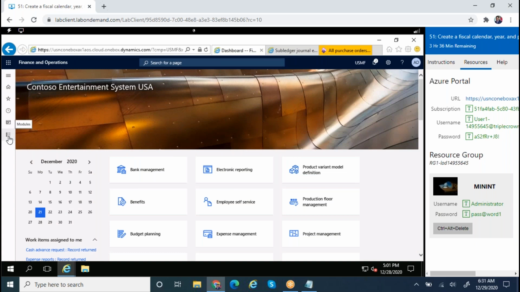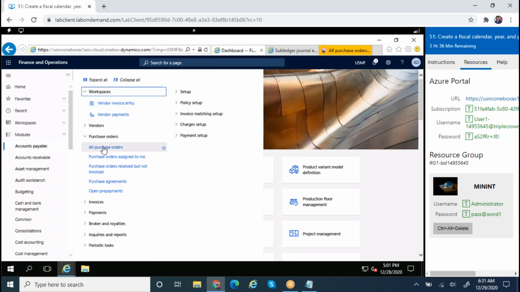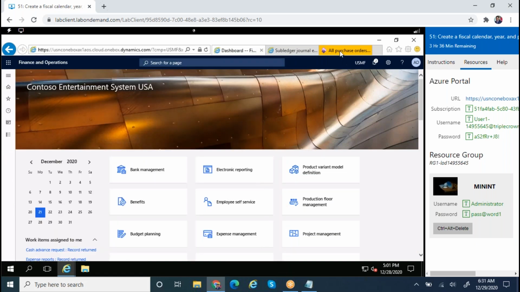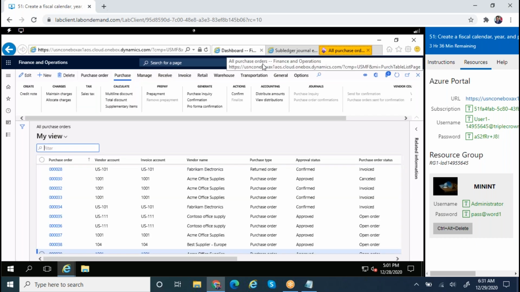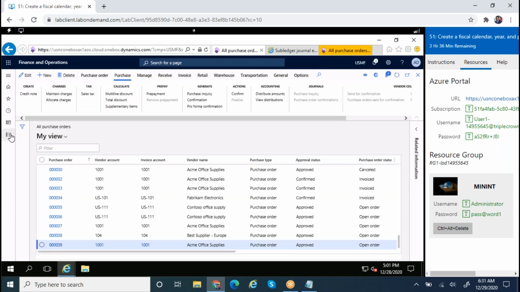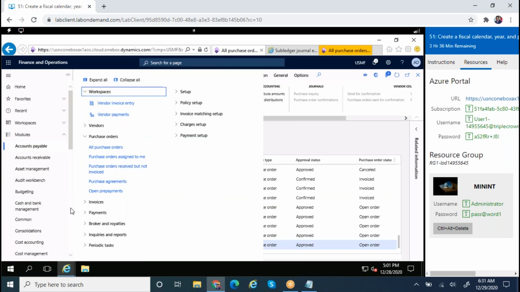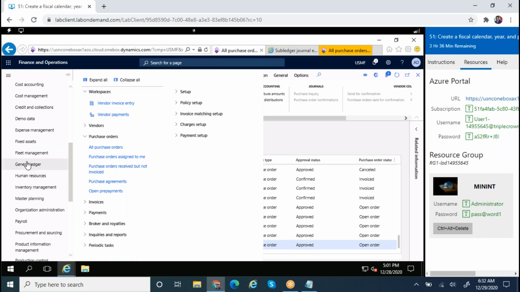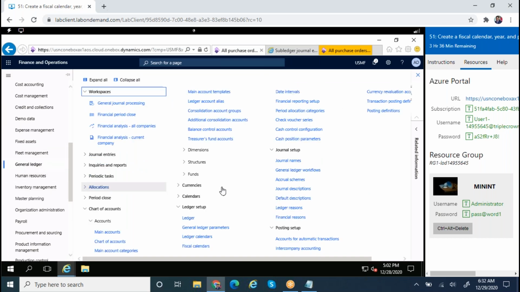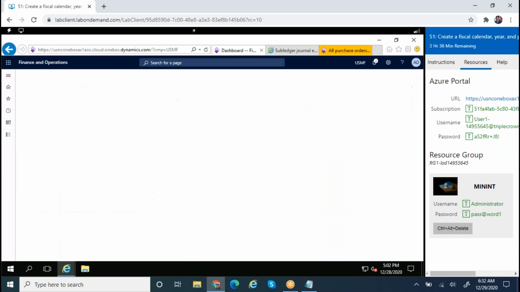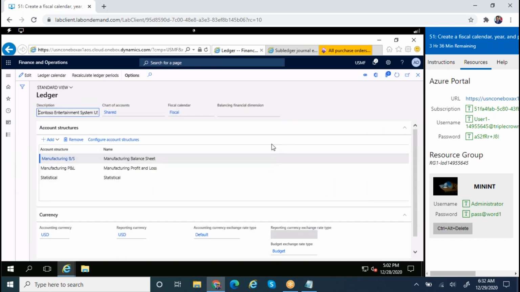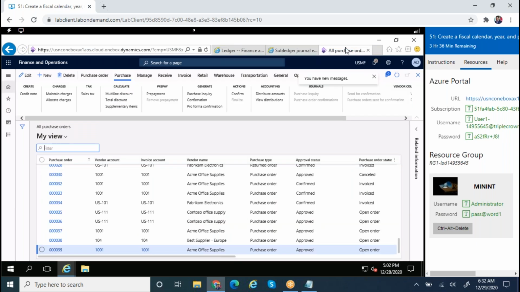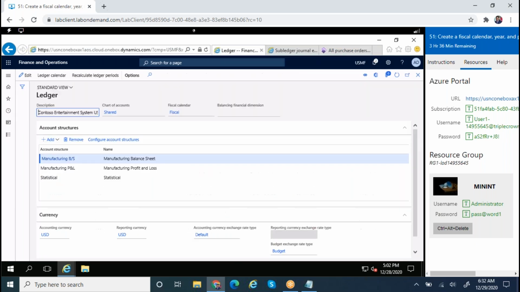Now I will do purchase orders. So what I will map, exchange rates, general ledger, ledger setup, ledger, sorry, I would like to do this from here, and this one is the purchase order only.